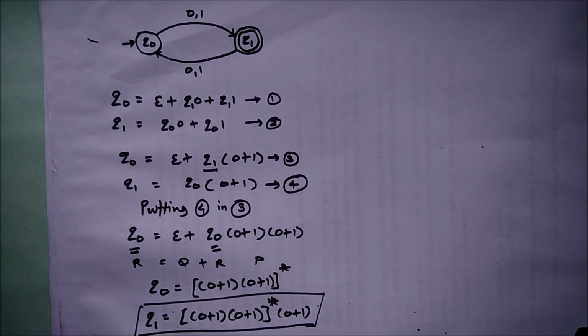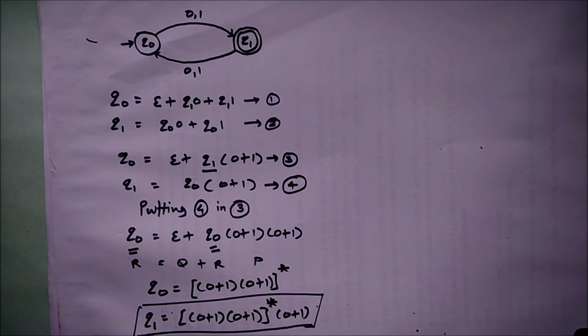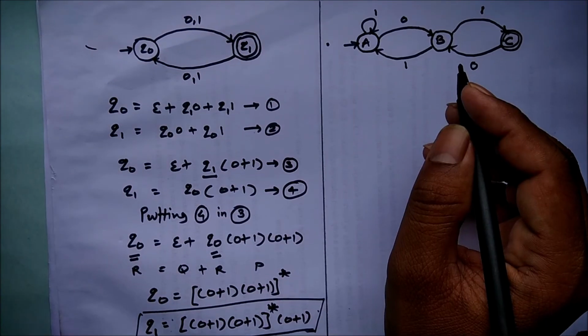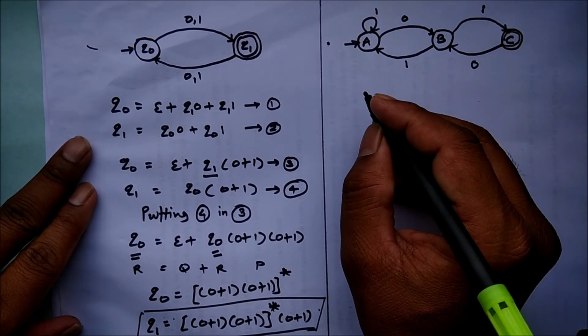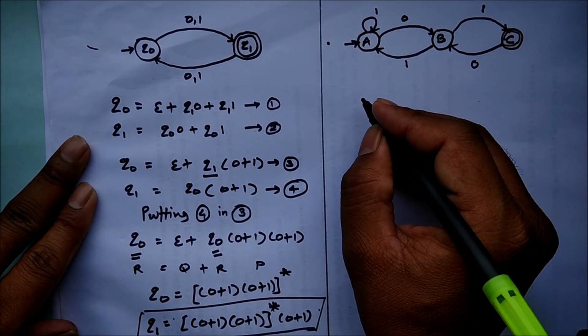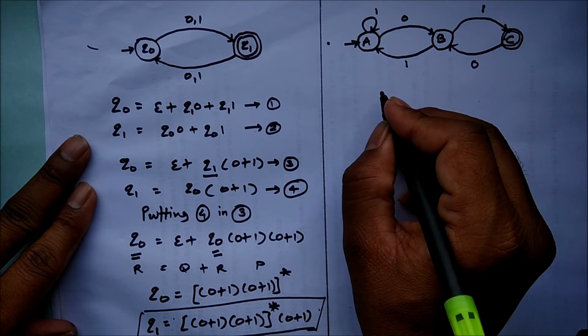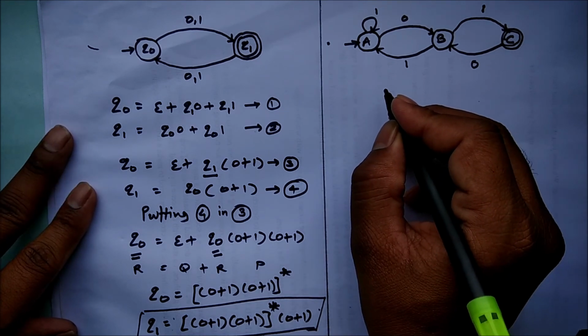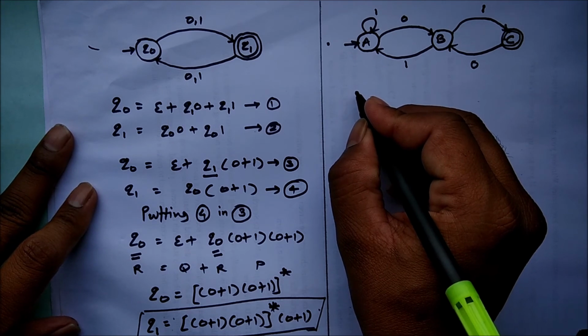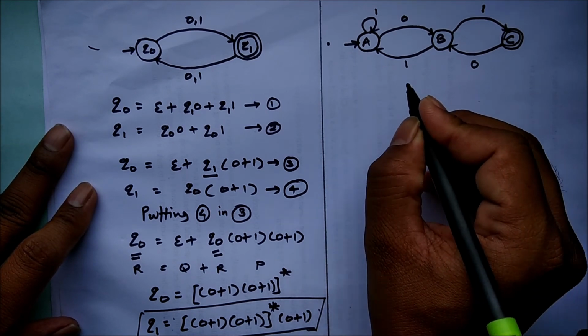Right? So let's move on with one more example and we shall stop. A given finite automata is in front of you. Now let's try to write all the equations for all the states involved in the finite automata.